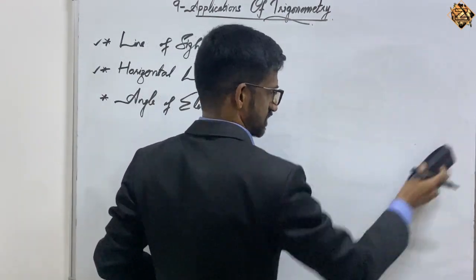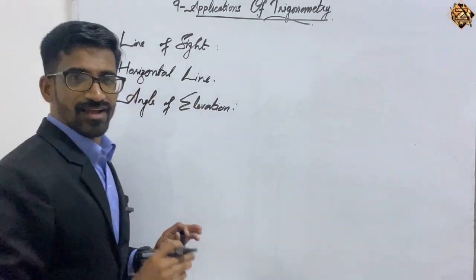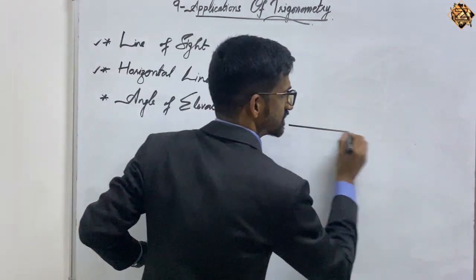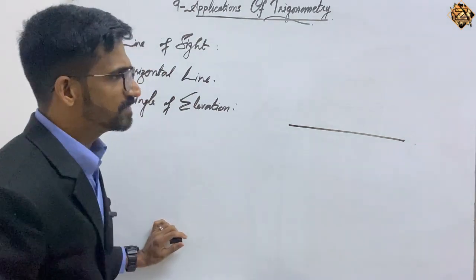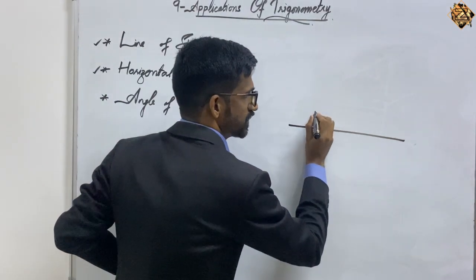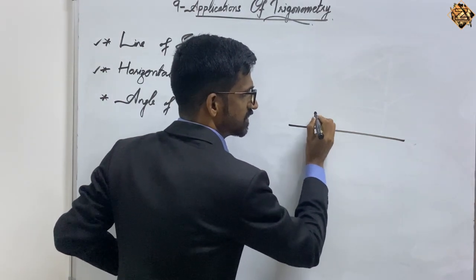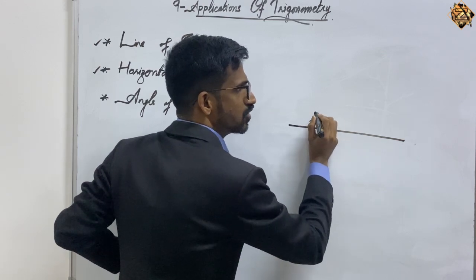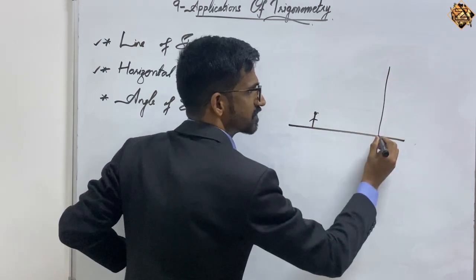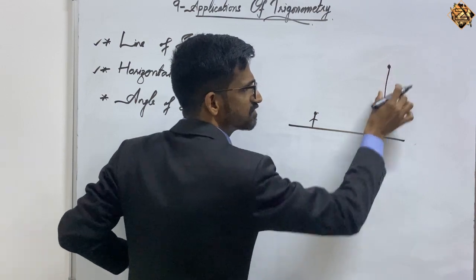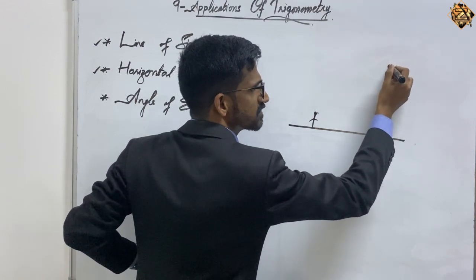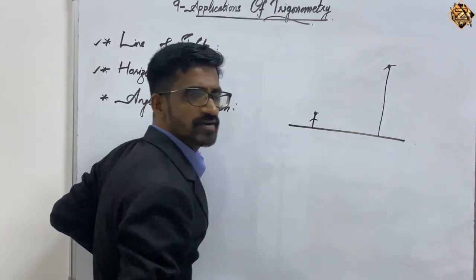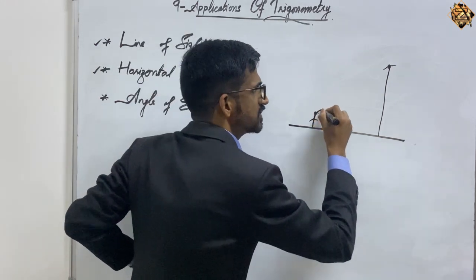So for that, angle of elevation is the angle formed between, for that I'll take the same example, a boy is looking towards an object which is kept on the top of a tower. Let this be a tower. On the top of a tower, something, let it be a bird. Okay, a line is drawn.